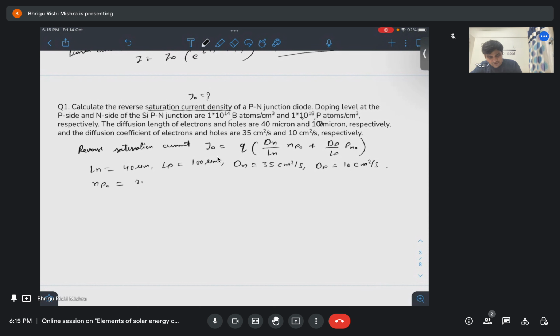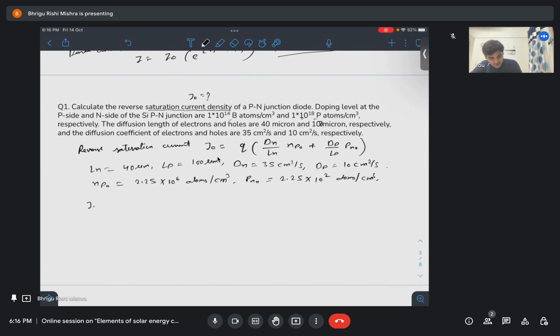Np naught equals 2.25 into 10 to the power 6 atoms per centimeter cube. Pn naught equals 2.25 into 10 to the power 2 atoms per centimeter cube. Okay, so all the values have been given.